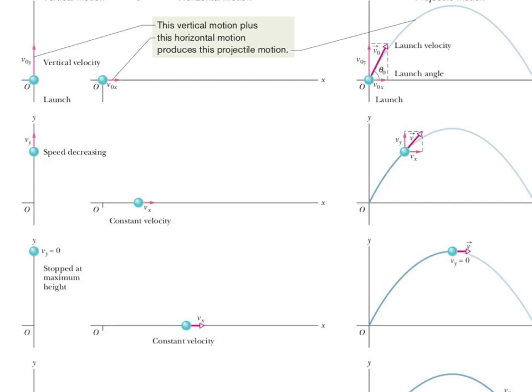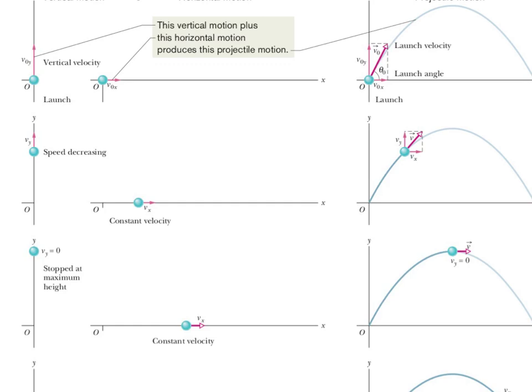This is a common mistake. A common mistake is that students say the overall velocity is 0 there, and that is not true. Remember, if it's a projectile, it's always got x velocity. If I'm just tossing an object up and down, though, then at the top, it physically has 0 velocity. But the minute I throw it at an angle, at the top, it still has horizontal velocity.